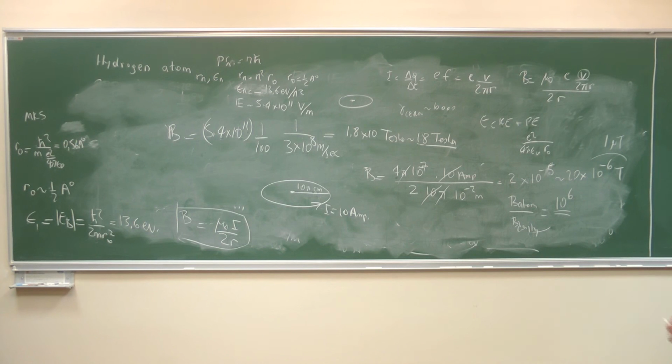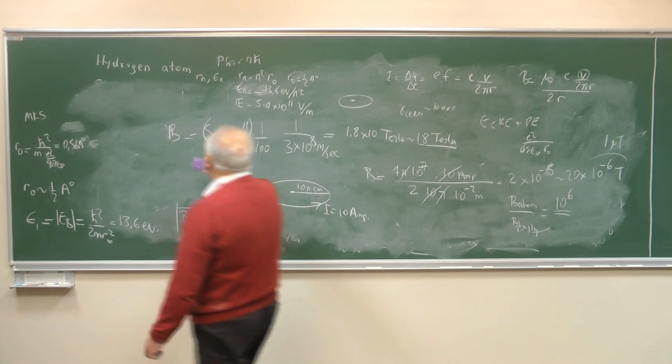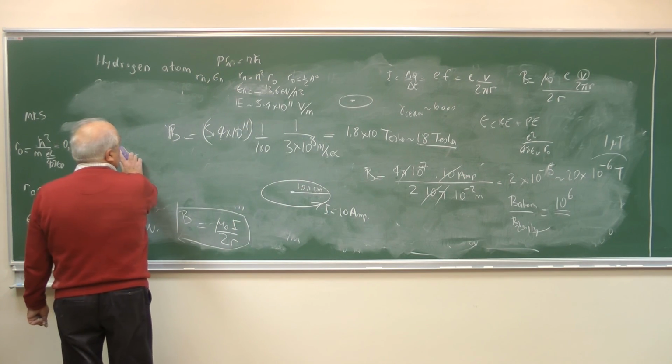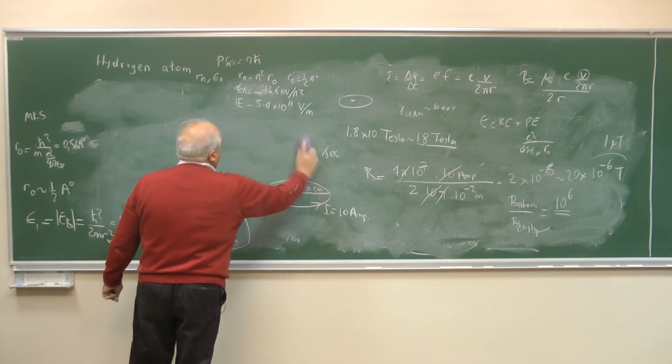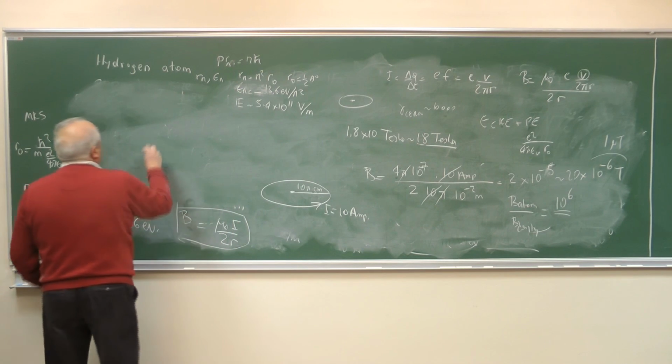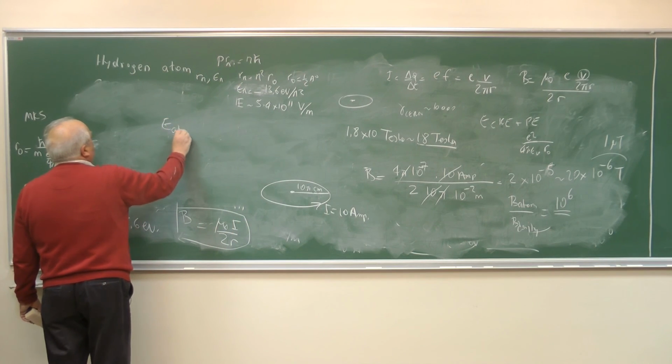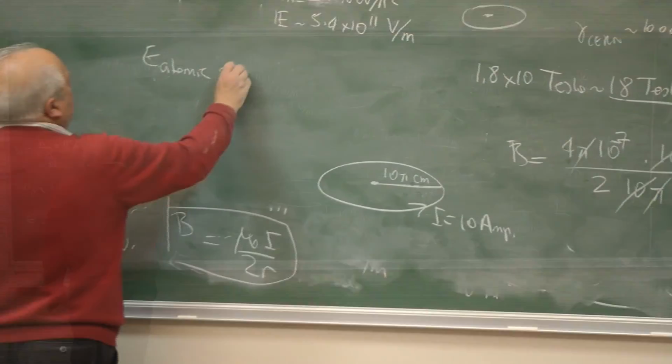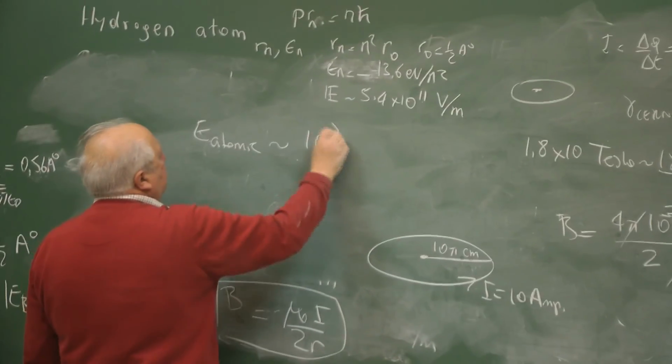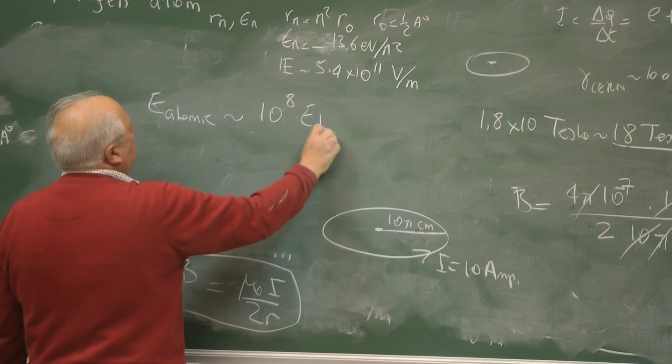So if I summarize, E atomic is like 10 to the 8 times E daily.